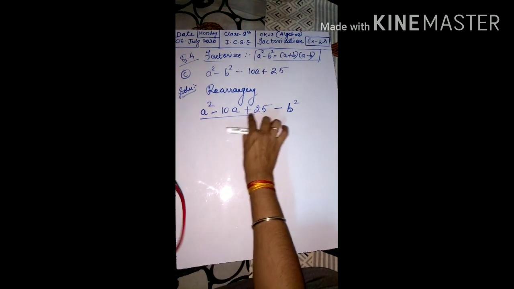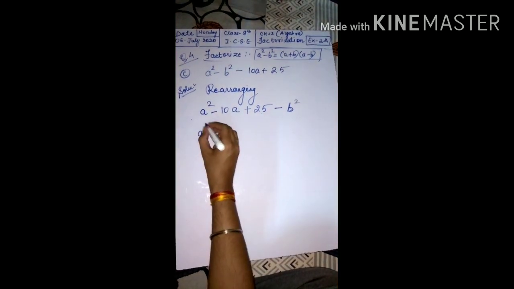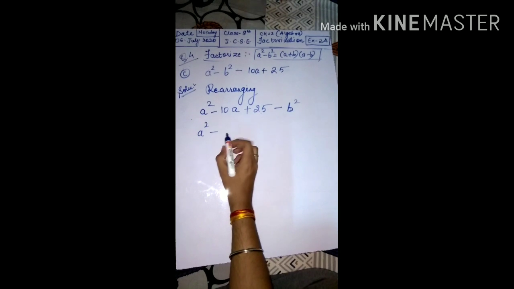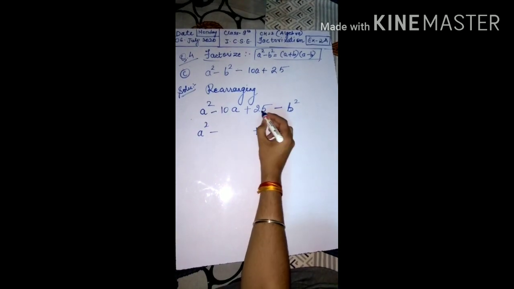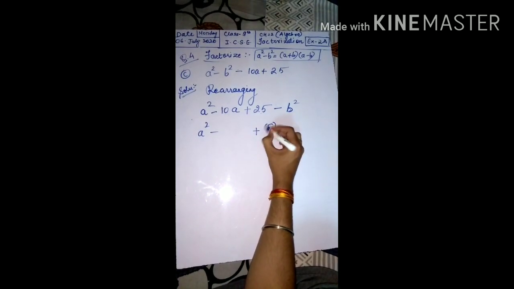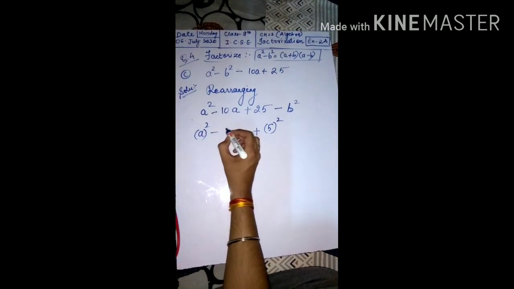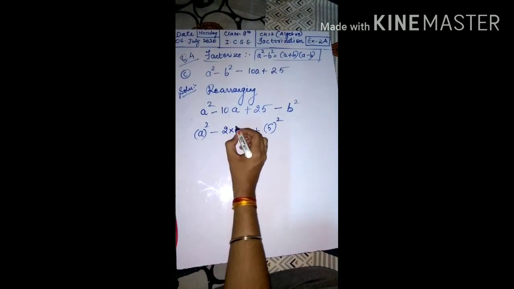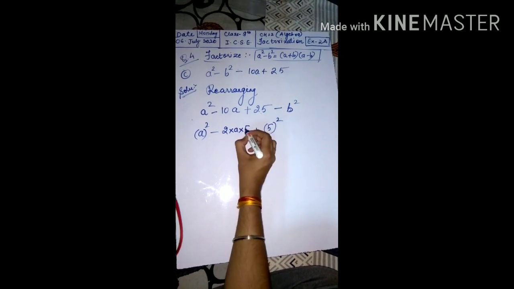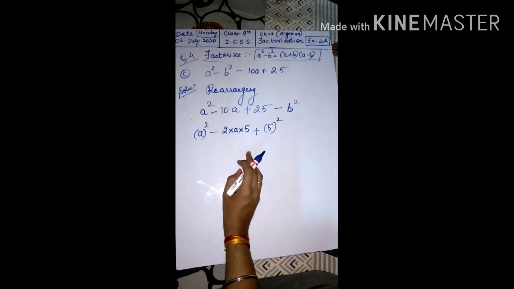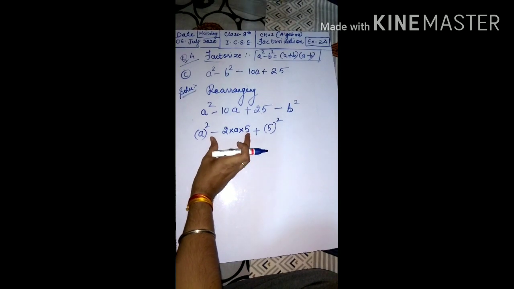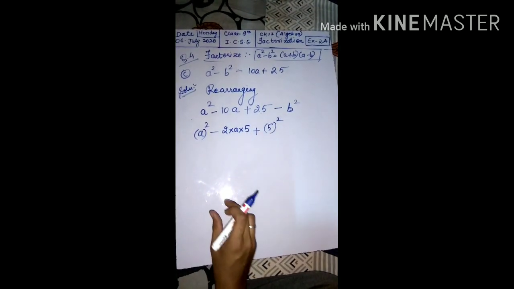How? This a square is already a square. For this 10a I am leaving the space. This 25 can be written as 5 the whole square, and I'm writing 2 into a into 5. So this 10a I'm writing in such a way to just fit into our identity.